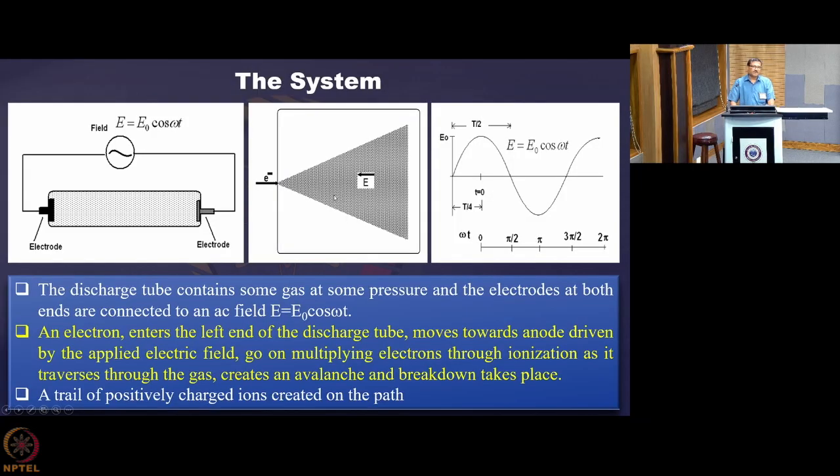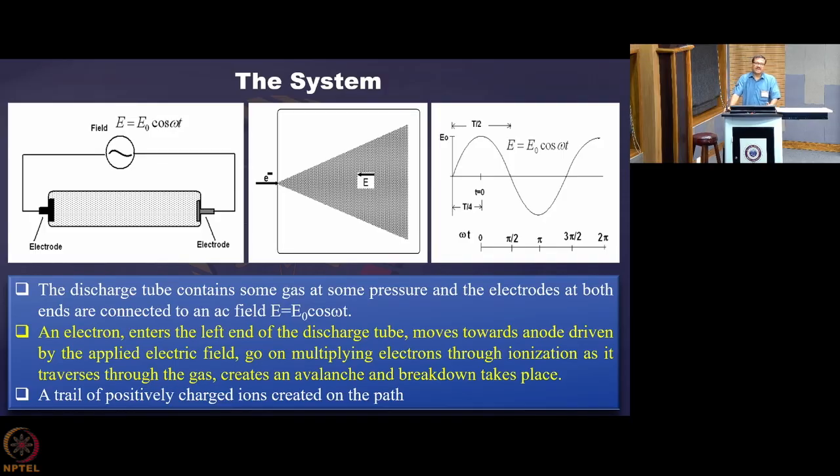This is because once the ionization takes place, the electrons which are liberated get quickly collected by the right electrode. For example, they will always be collected by the positive electrode. The mobility of the electrons is so high compared to the mobility of the ions that the moment they are created, almost immediately they get collected. So what remains? The bulky ions, because they cannot move so fast. But they respond to the electric field, of course.